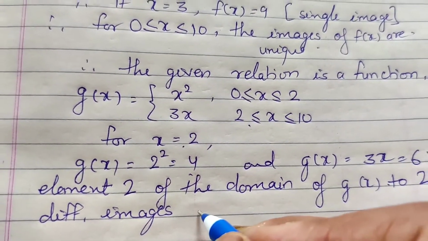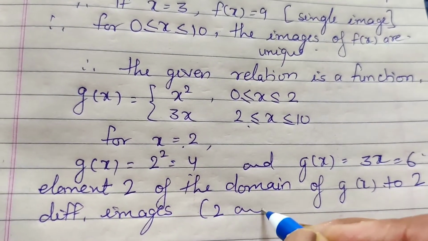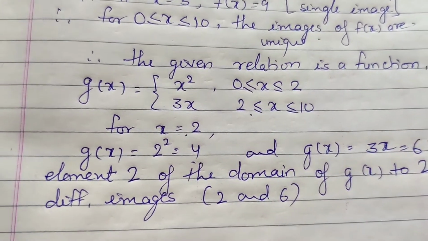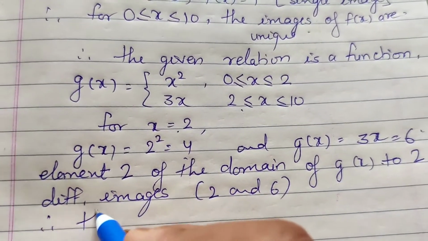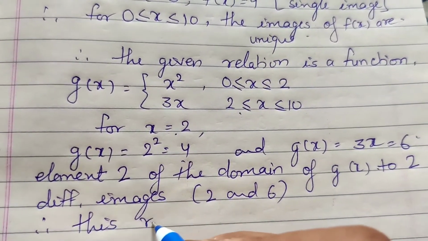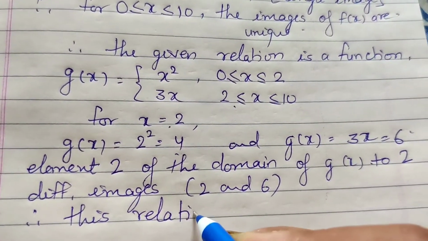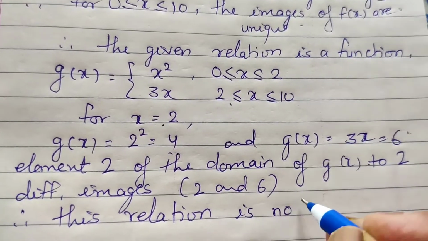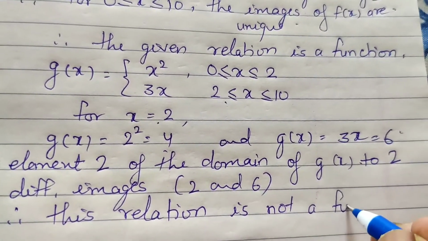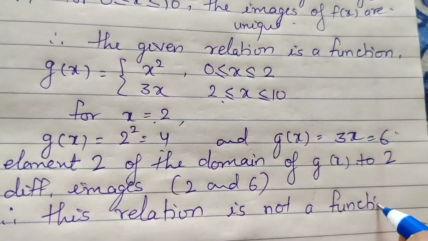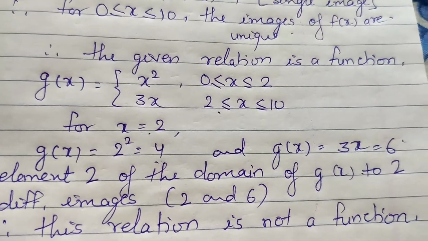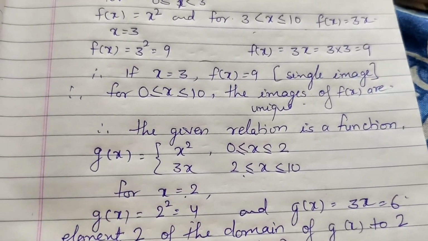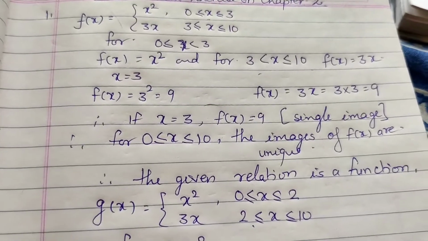Different images means 4 and 6. Therefore, this relation is not a function. For a function, each element has its unique image. Okay. Now question number 2.